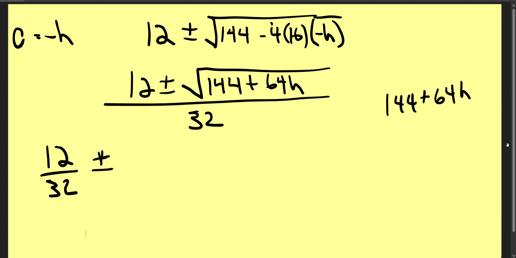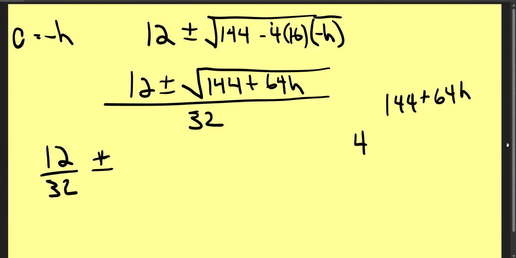I want to factor something out of there if I can, and it looks like maybe I could take out a 4. I'm trying to think if there's something bigger. 12? Not quite. Let's start with 4.